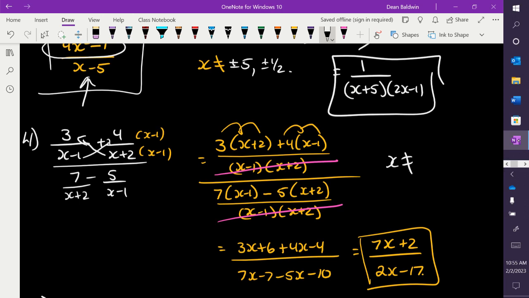Hmm? Right? If you put 17 over 2 into here, it's going to blow up too, right, at the end.